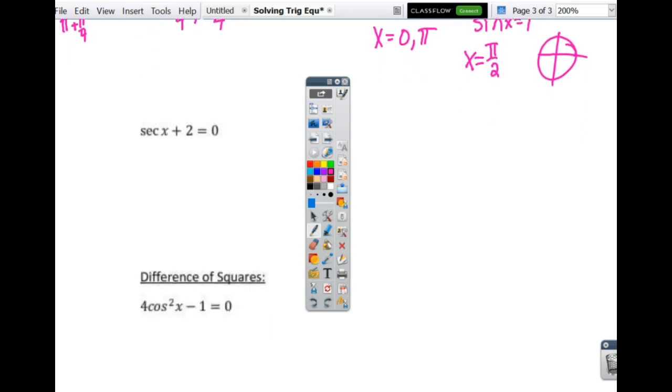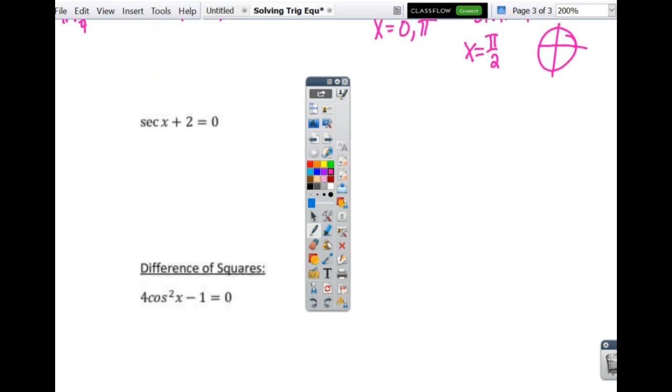Okay, so now I have the secant of x plus 2. So first of all, a lot of you don't like it because you don't know what the secant is. So I'm going to subtract the 2. So then, here's what I know.